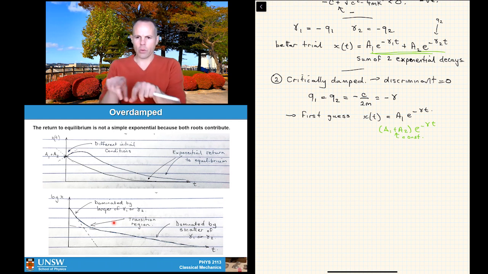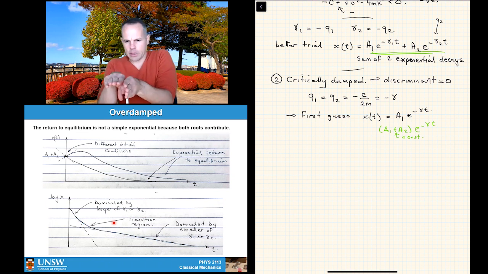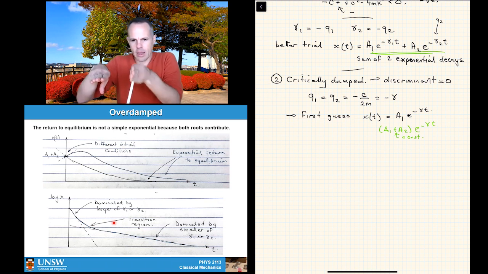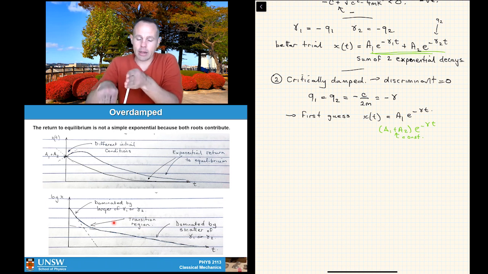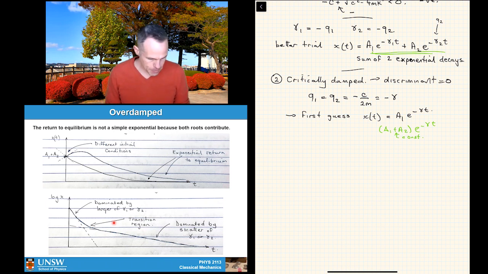Critically damped is not the same as overdamped, because it's a limiting condition, and the maths has to be handled slightly differently to get the right answers.